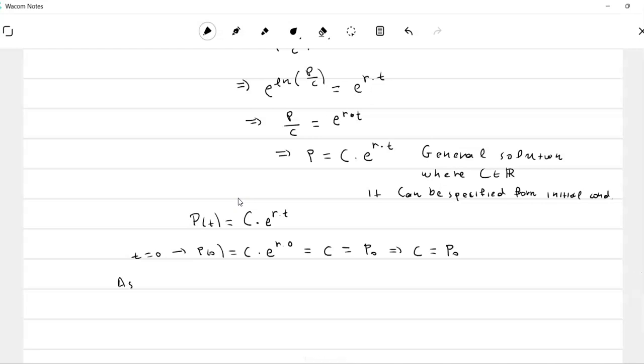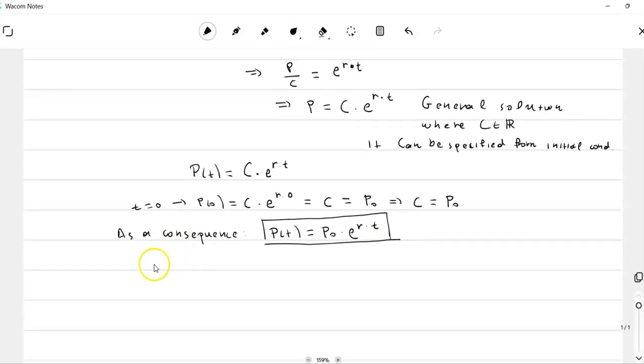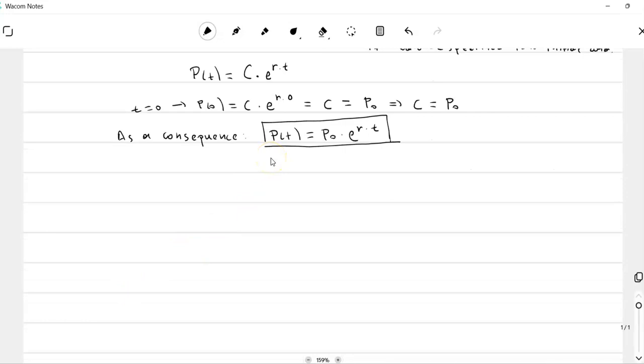As a consequence, my solution in closed form is p of t equals p of 0 times e to the power of r times t. So this is my function for the population.